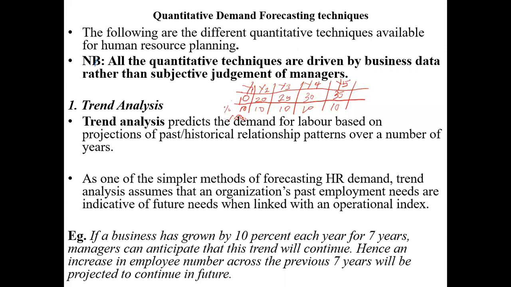Now, in year 2, using 20 people, we got a 10% growth rate. It means 10% of 1,000 plus 1,000 will be 1,100. Now, year 3 will be 10% of the previous one, then you add it.